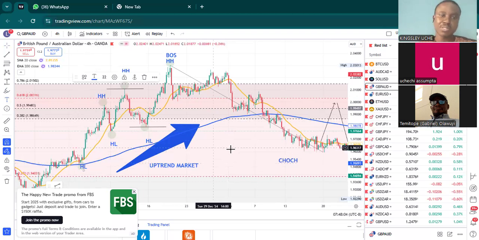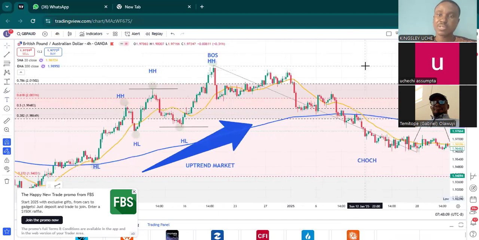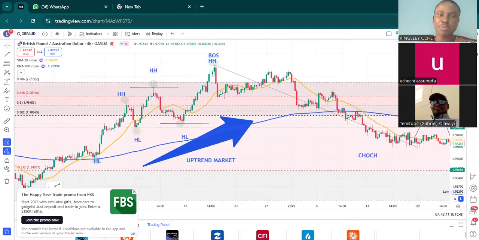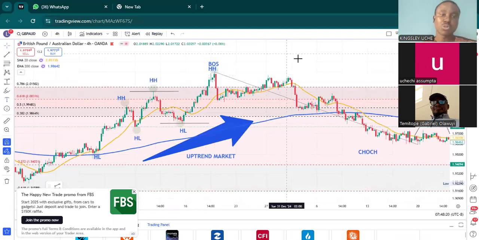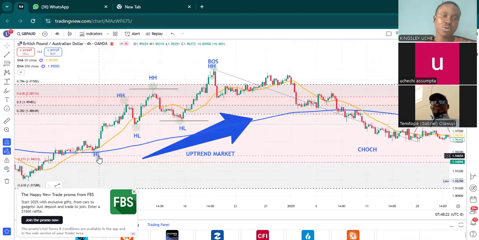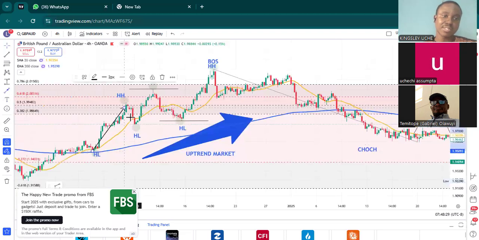So on the AUD CAD, we saw a downtrend, which should give us lower highs and lower lows, but in an uptrend market, we should see higher highs and higher lows. That's the difference between a downtrend market and an uptrend market, okay? Clearly we can see a kind of stair-step pattern, moving like this, up to this place.